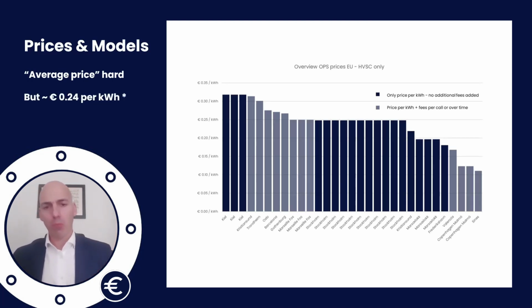We have some more, luckily. So in dark blue are the prices per kilowatt hour only, no additional fees, and in the lighter blue, the transparent one, we have prices upon which a fixed fee is added. So those are the lowest ones, I believe some Malta and Portugal, and of course the other ones on the left-hand side, a lot of them Scandinavia, by the way, because they have a better information feed.